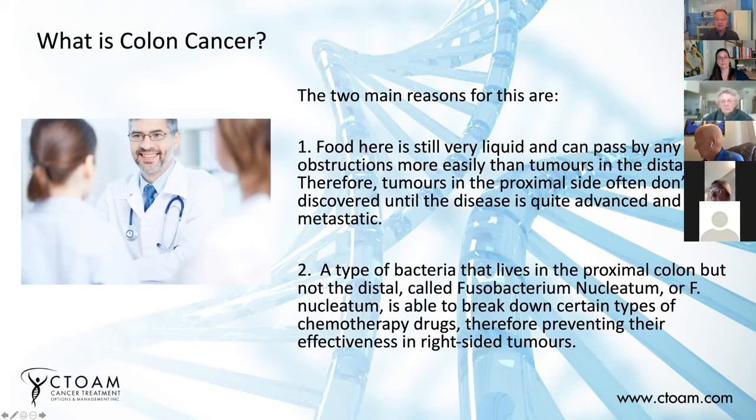That's because the food is much more liquid in the proximal than in the distal. A blockage in the proximal can go unnoticed until it's really large, whereas a blockage in the distal near the anus, where the food product is much more dried up, causes a lot more discomfort, and you can notice it a lot sooner.